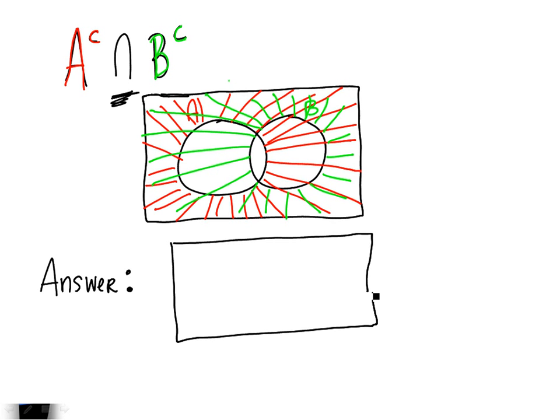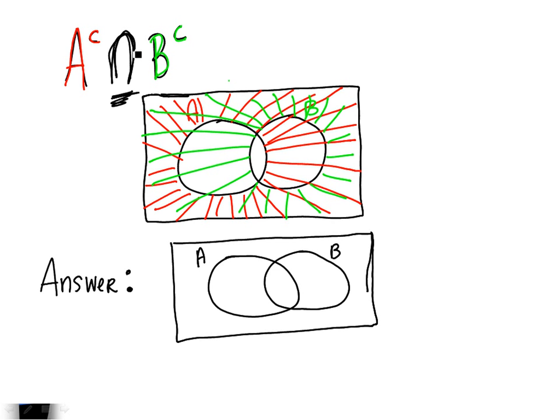So basically, I'm looking for where are the two colors overlapping? Not all of that. I want to know the intersection, meaning where are they overlapping?